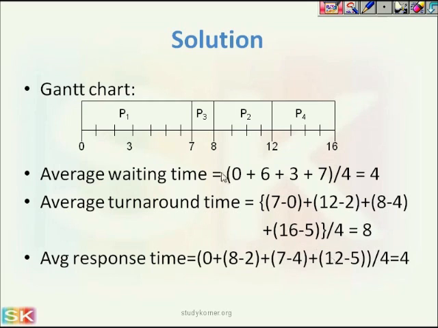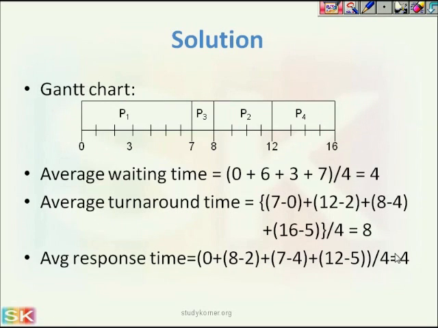Average response time. P1's response time is 0, submitted at 0, got the CPU at time 0, plus for P2 got the CPU for the first time at time 8 and it was submitted at 2, so 8 minus 2, plus P3 7 minus 4, plus P4 12 minus 5, divided by 4 equals 4, right?